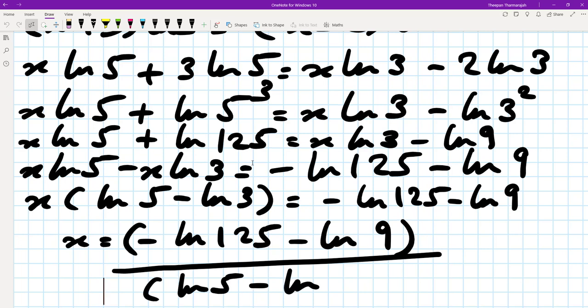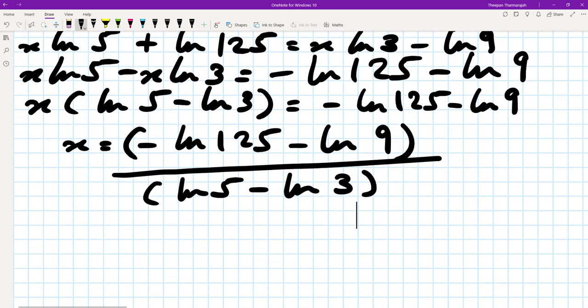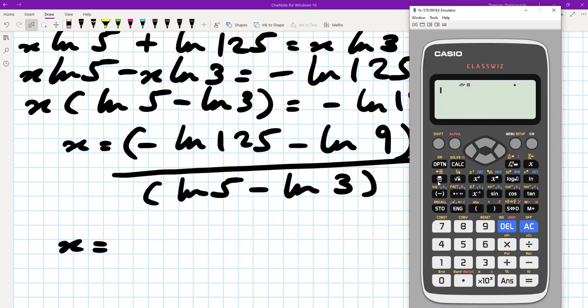And we should get our result, correct to 3 significant figures, which gives me minus 13.8.